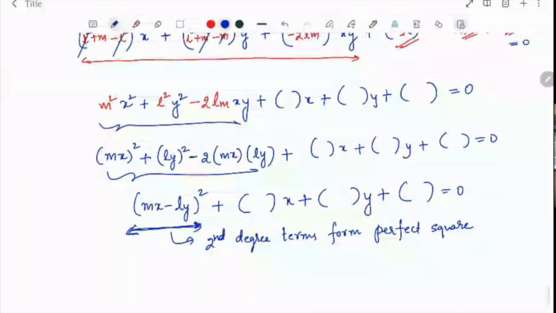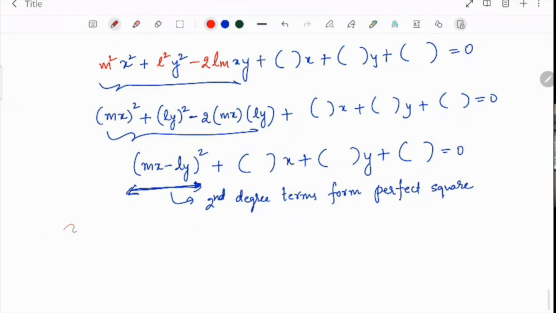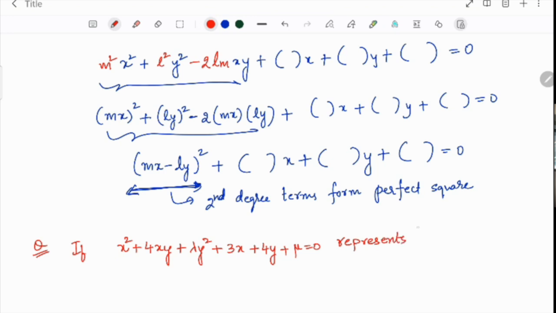All right. So based on this, I can just quickly frame one question. One question can be asked like this. If x square plus 4xy plus lambda y square plus 3x plus 4y plus mu is equal to 0 represents parabola equation, then find lambda.